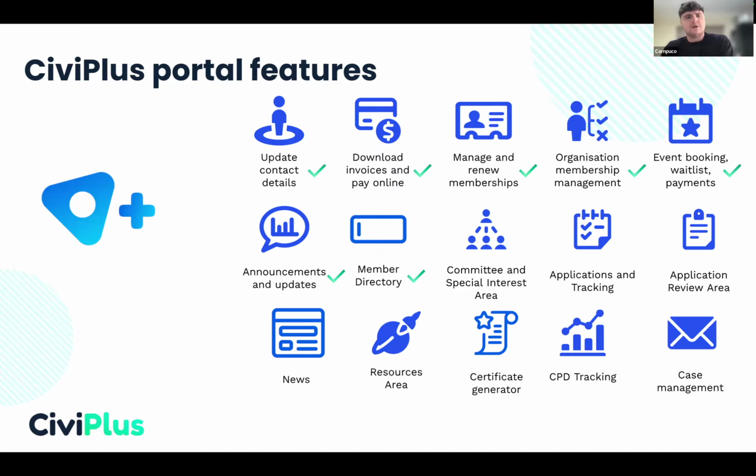A lot of membership organizations offer individual membership and also organizational membership, so the portal can tailor the experience depending on what type of member you are. We also covered event bookings and wait lists, and announcements and updates, like volunteer applications or grants and awards applications now being open, announced specifically to your member audience rather than everybody on your public website. And finally, the members directory.